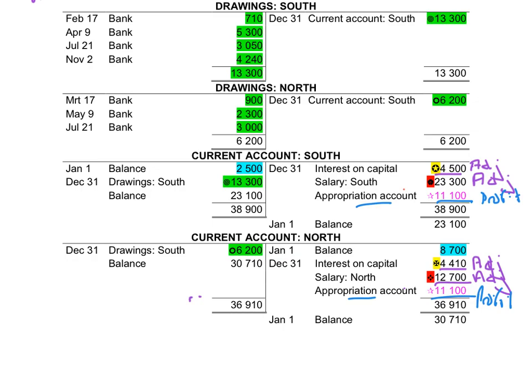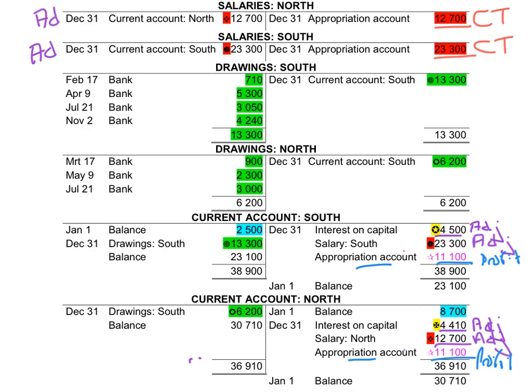Now in the current account, we show the total amount that's outstanding that must be paid to the partners on the credit side. But they've taken some of this money, so we will go to the drawings account and transfer the drawings account to the current account so that we can see what is the actual outstanding amount.